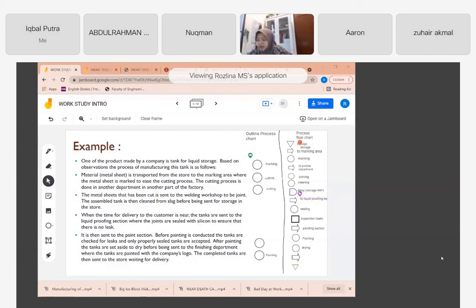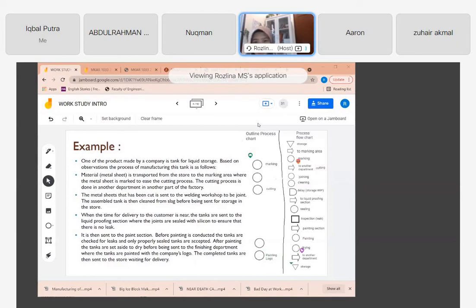Okay, good. Okay, I read the flow. First storage, and then to marking area, and then you do the marking. To cutting process, to another department. Marking.